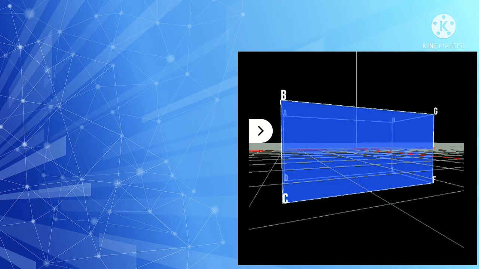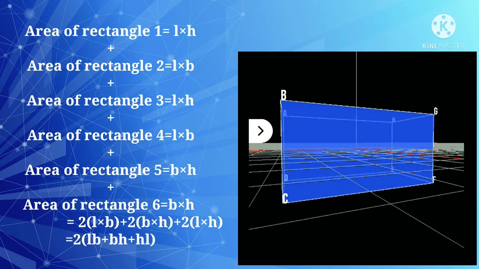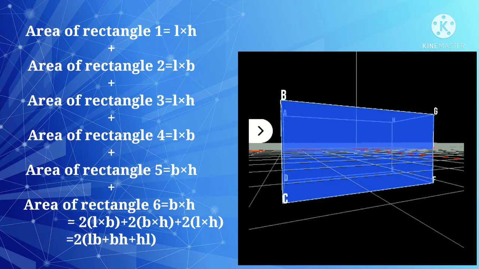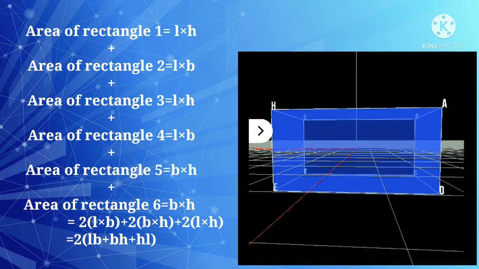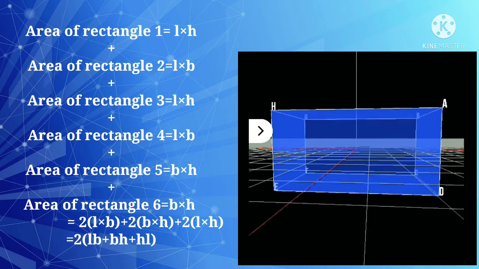So the area of rectangle 1 is length into height. Another side, ADEH, also gives length into height. So in the area of rectangle 1 as well as rectangle 3, we get length into height. Is it clear? Two faces.